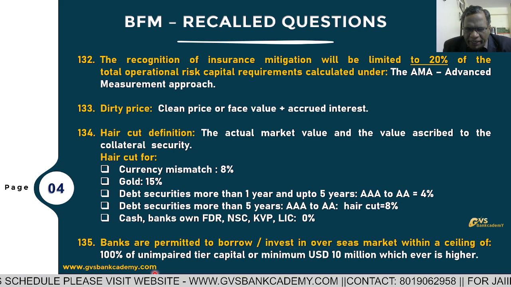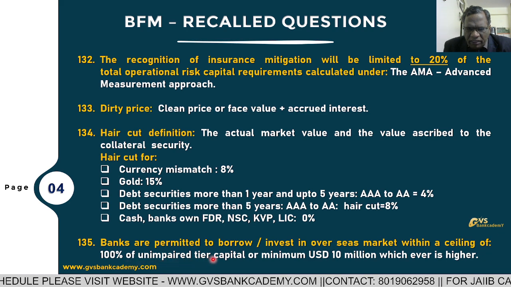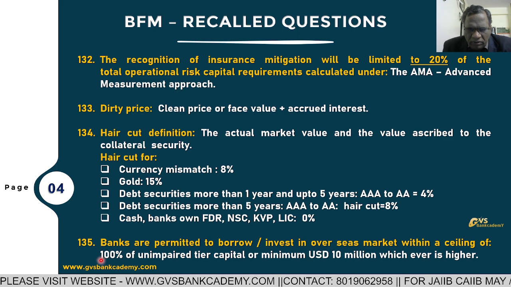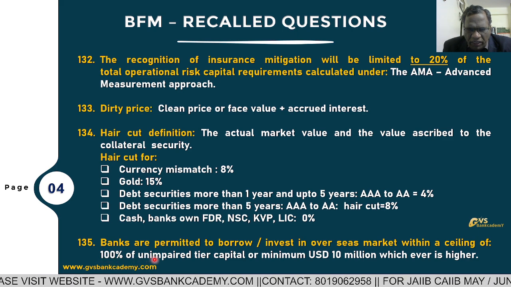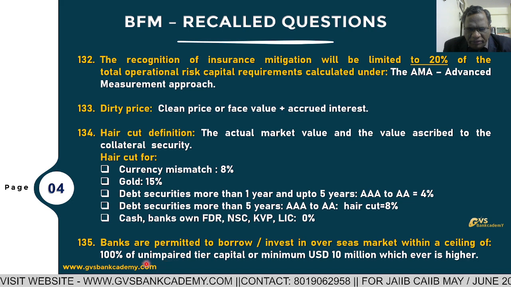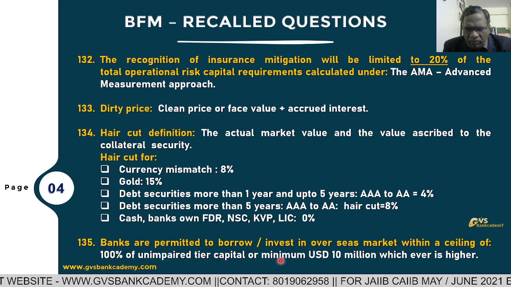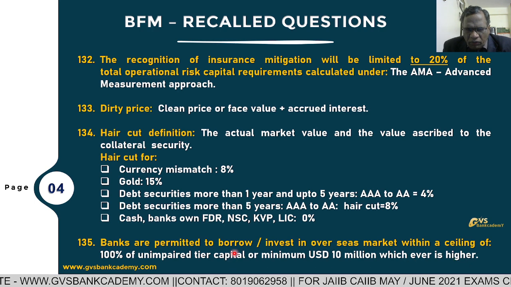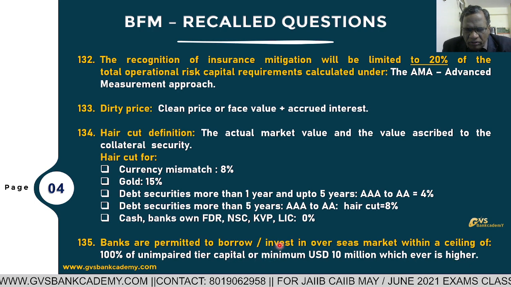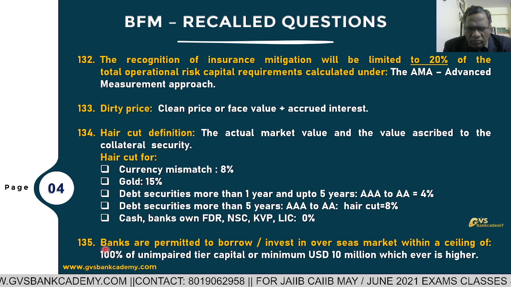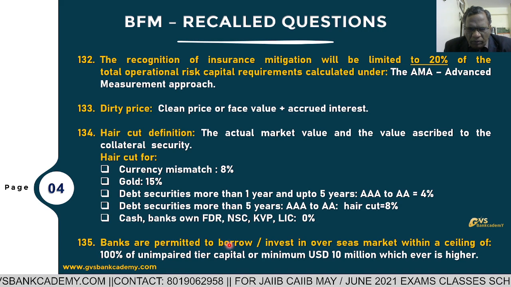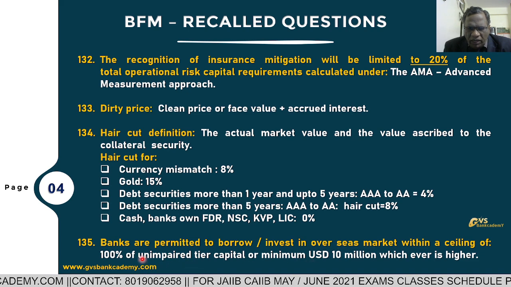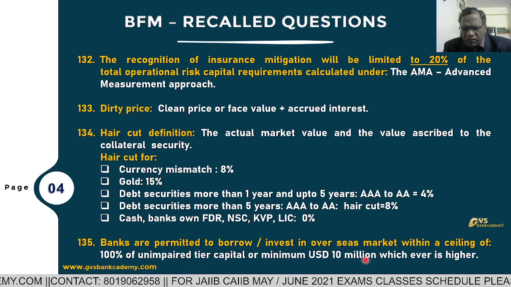The limit is 100% of unimpaired Tier 1 capital, meaning adjusted Tier 1 capital after adjustments, or a minimum of $10 million, whichever is higher. Either it can borrow from abroad or invest abroad. So banks are permitted to borrow from overseas or invest in overseas markets up to 100% of unimpaired, adjusted Tier 1 capital.